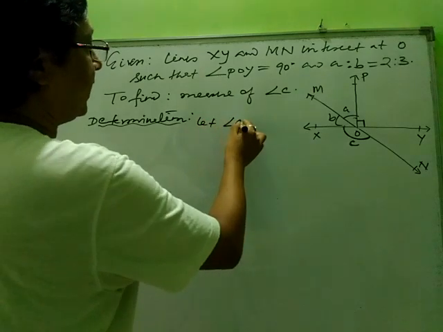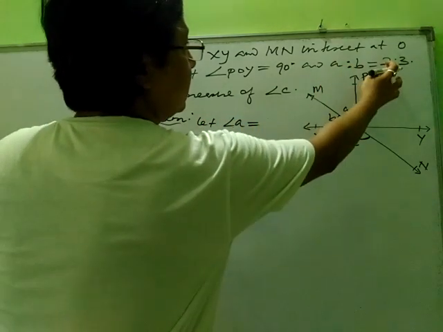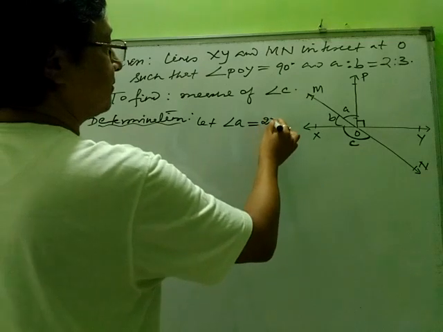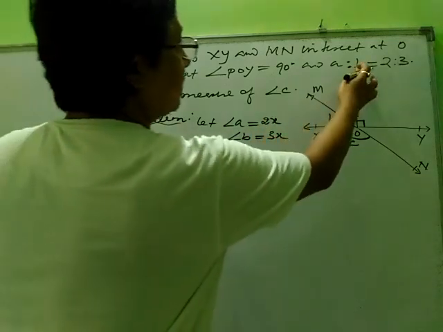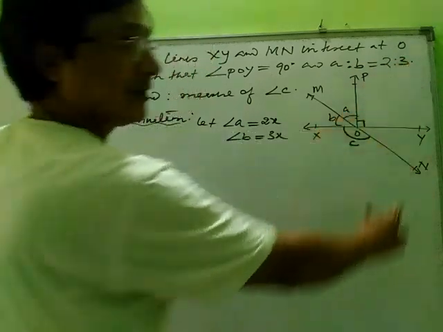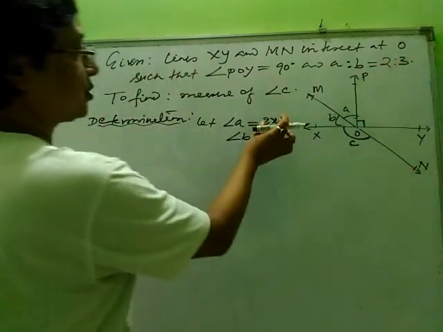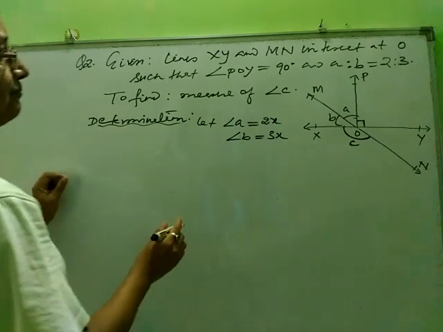So let angle A be twice x, and angle B be thrice x. 2 is to 3, 2 parts and 3 parts.